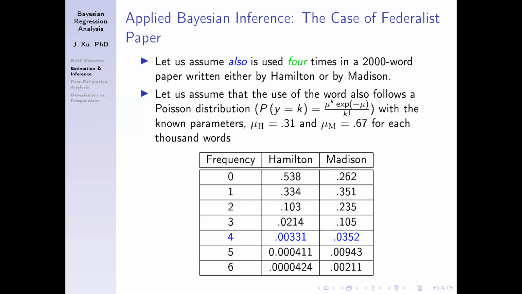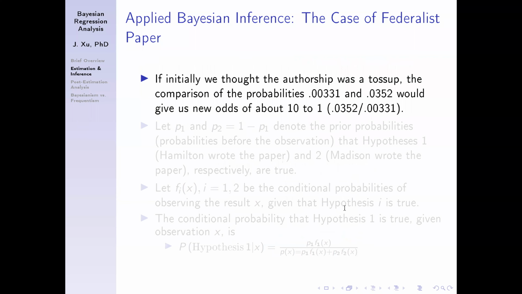Okay. And if initially we thought authorship was simply a toss-up, then the comparison of the probabilities 0.00331 and 0.0352 will give us new odds of about 10 to 1, right? We simply take a ratio of these two probabilities.